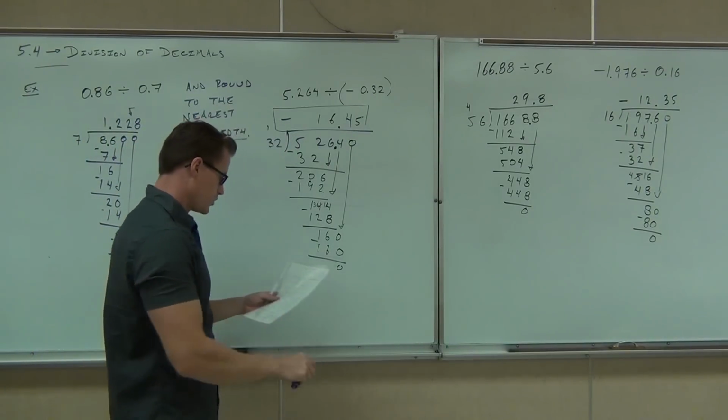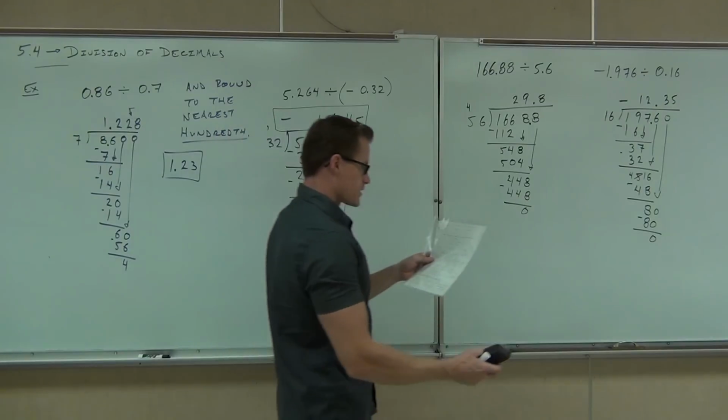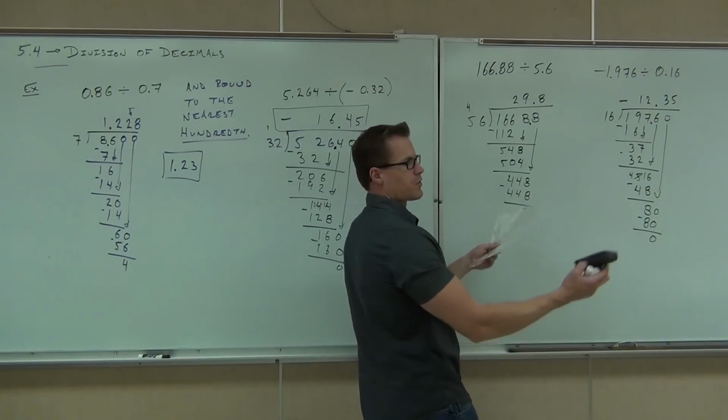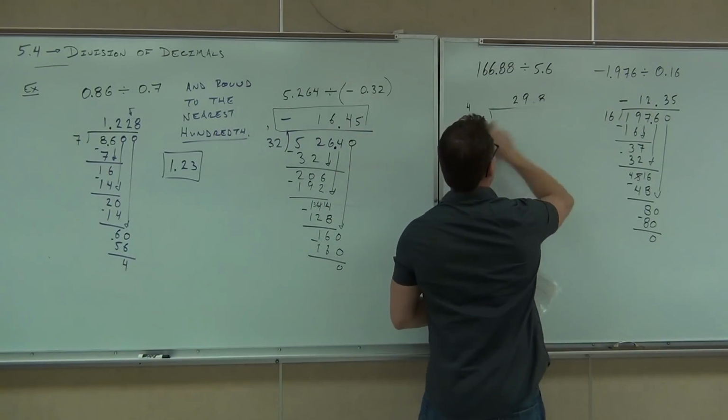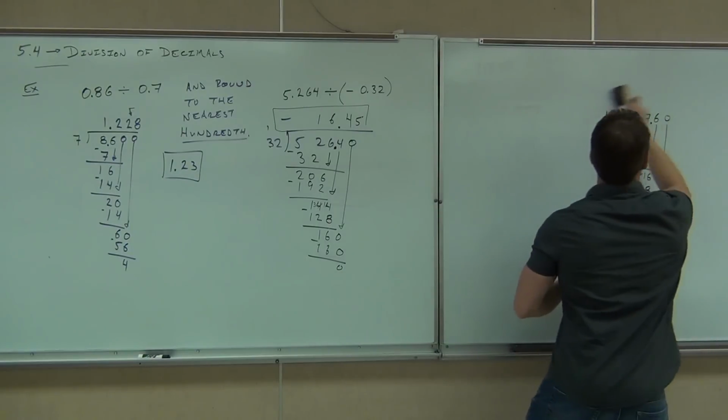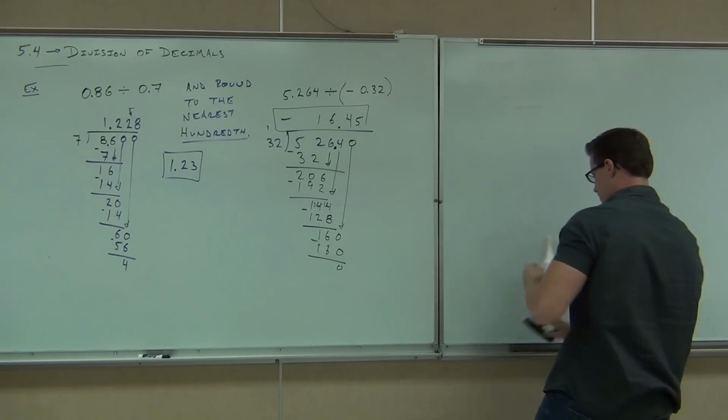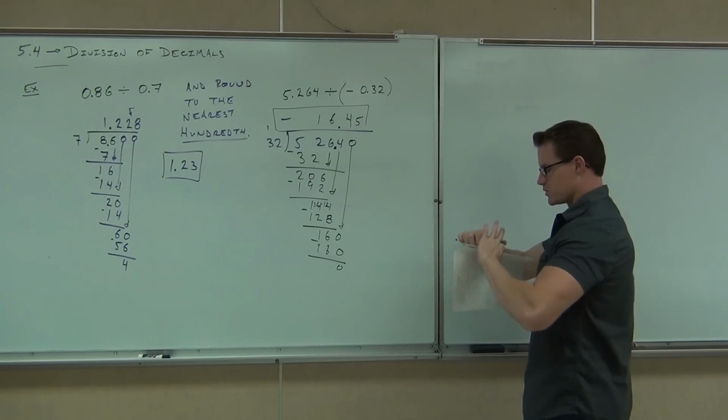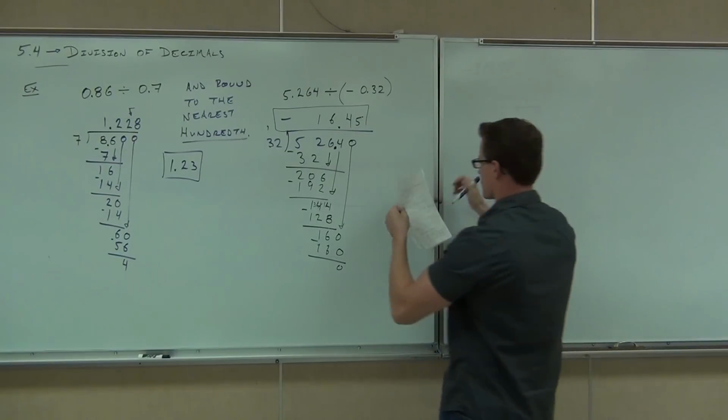Okay, here's what I'd like for you. I want you to do one on your own. Let's have you round this number to the nearest, let's go 1000th again. That one works pretty well. So divide and round to the 1000th.